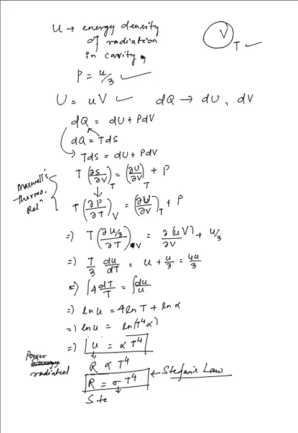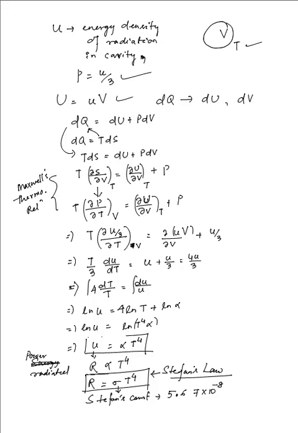And Stefan's constant, I like that number because it's very easy to remember, because the number has 5, 6, 7 and then 8. How is it written? 5.67 times 10 raised to the power 8. Well, it's actually minus 8.